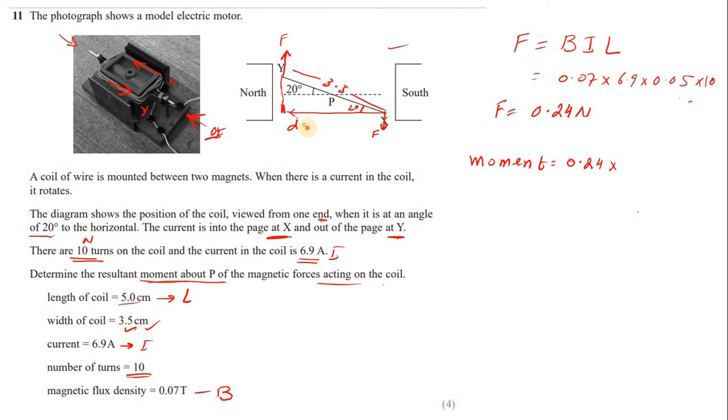So this D will be 0.035 cos of 20. You solve this, so the moment would be equal to 7.9 into 10 to the power minus 3 Newton meter. This is the moment.